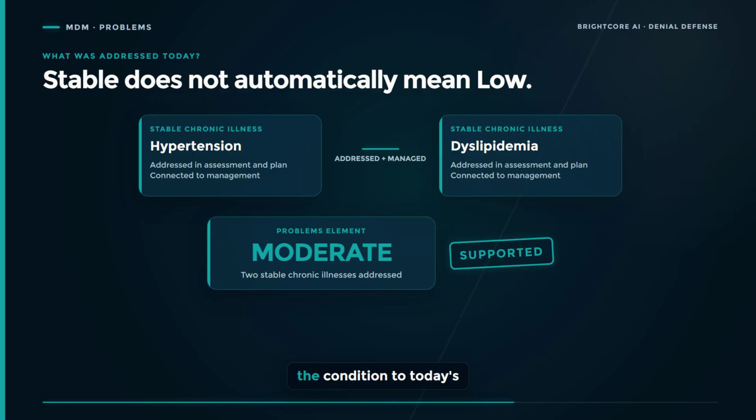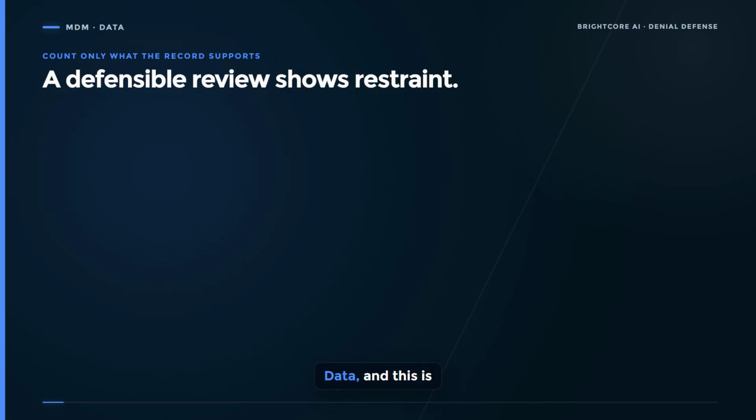The record must connect the condition to today's evaluation or management. Here, it does. That directly tests the payer reviewer's low complexity conclusion instead of arguing from the code alone. Problems, moderate.